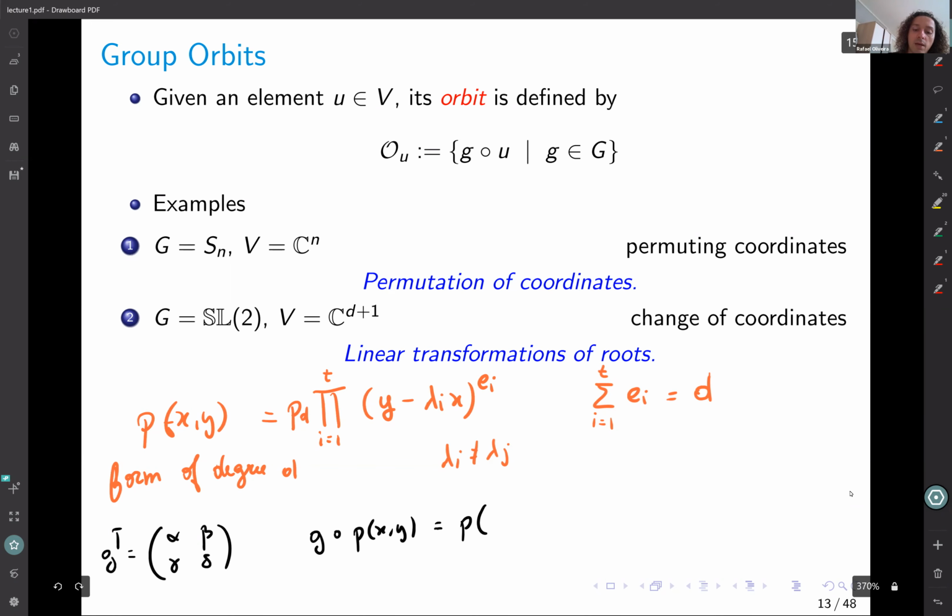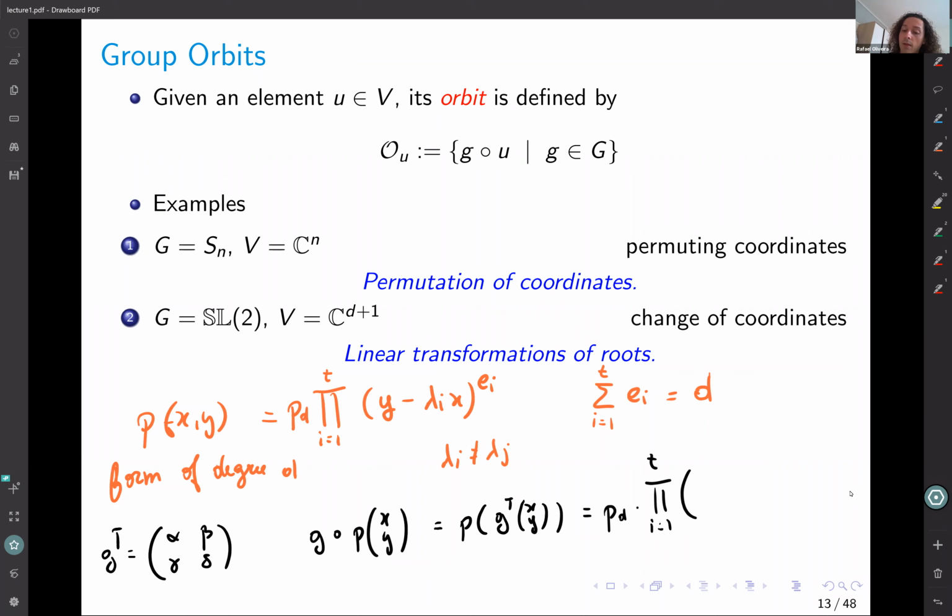If you remember, this action is P of G transpose applied to (x,y). Written in the format of the product, this is P_d times the product for i equals 1 up to t of: y becomes gamma y plus delta x, and then minus lambda_i times x, which becomes alpha x plus beta y. This is the power e_i.